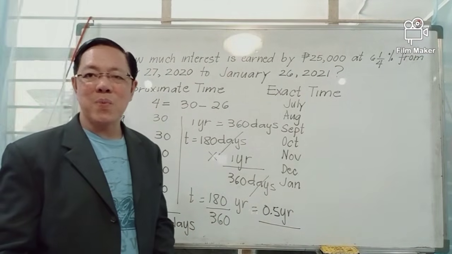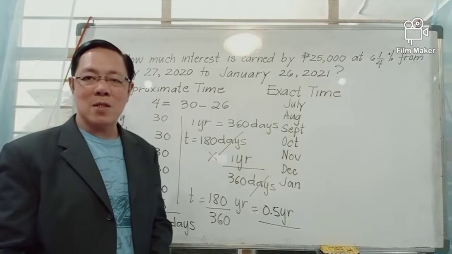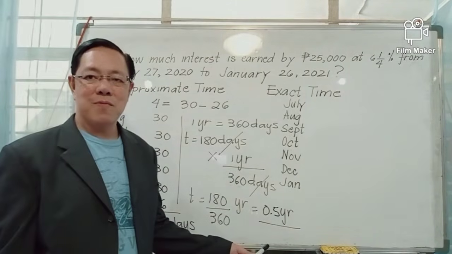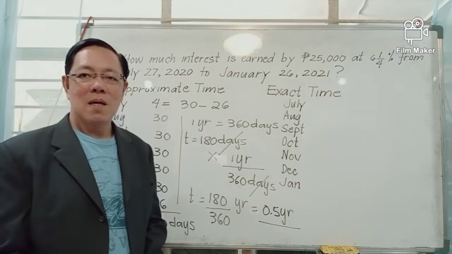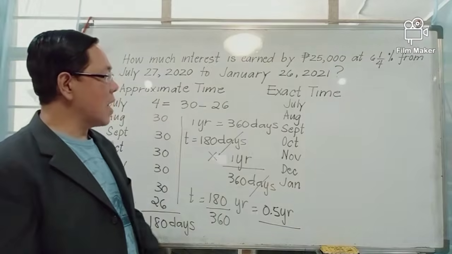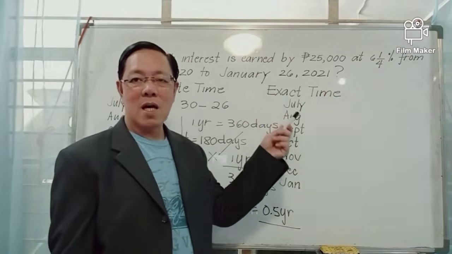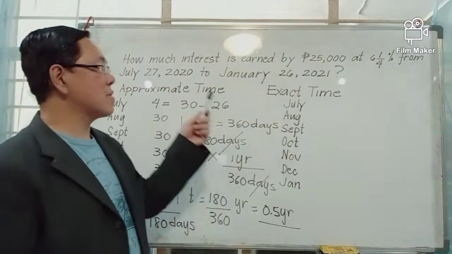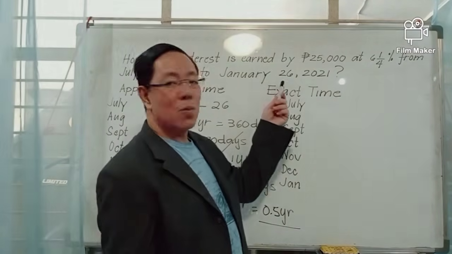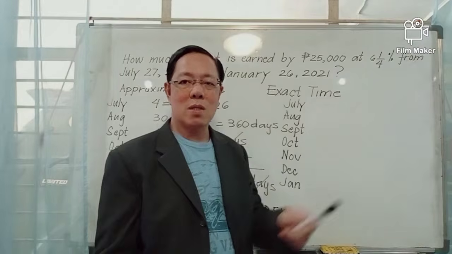Hence, if we compute the amount of simple interest using approximate time, we will use 0.5 year for the approximate time. But before we find the amount of simple interest, we find the exact time, the exact number of days from July 27, 2020 to January 26, 2021.